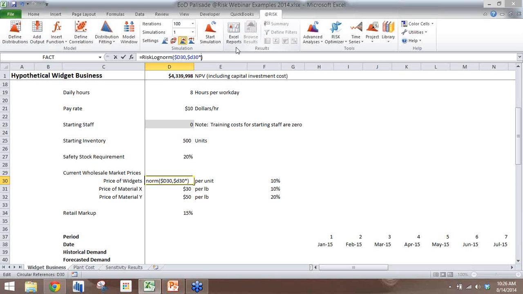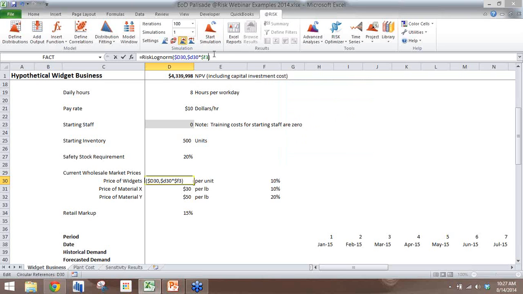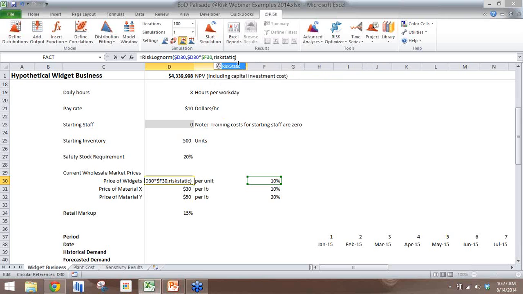And then I'm going to multiply that times these percentages I have over on the right, and then I'm going to have my risk static also of D30.